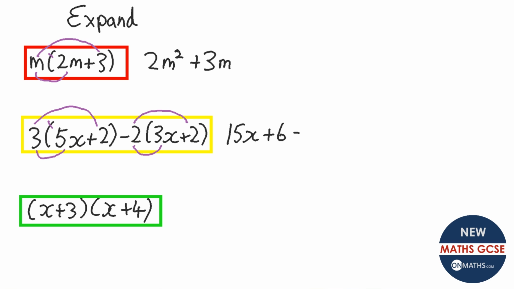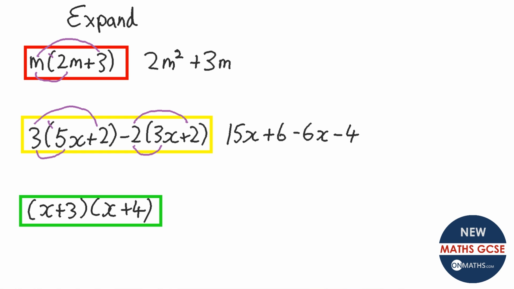And 2 times 3, which is 6. And it's a 3x. Well, there's no other x's there, so it's just going to be x on the end there. Okay, the rainbow is negative 2 times positive 2. So that will also give us a negative. And then 2 times 2, which is 4.